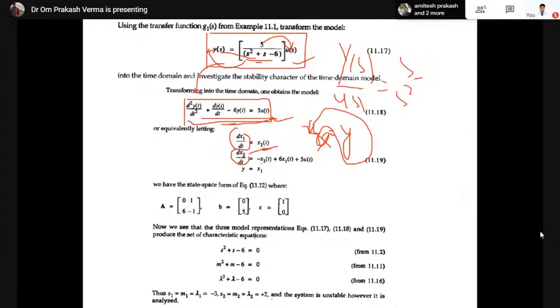So it becomes minus x2 plus 6x1 plus 5u(t). The remaining term goes to the other side. Similarly, the output is y equal to x1. So we have written the state space equation in the A, B, C matrix form.